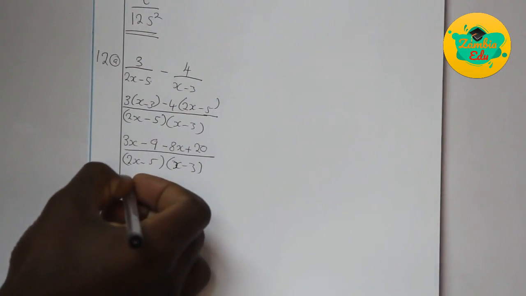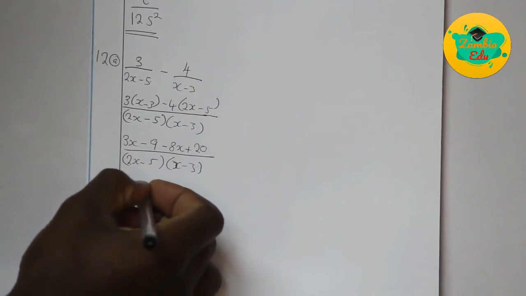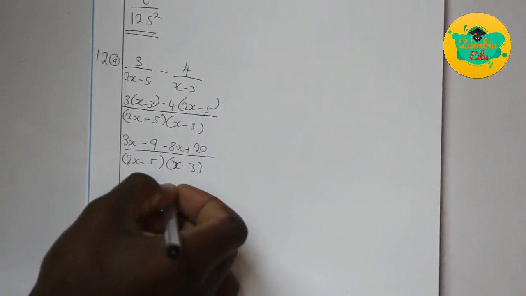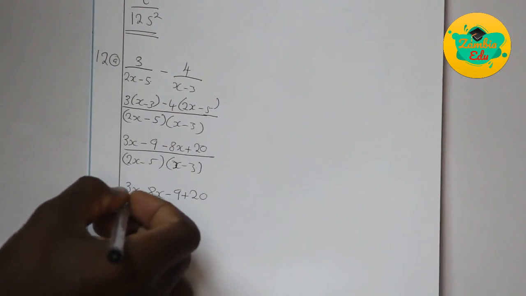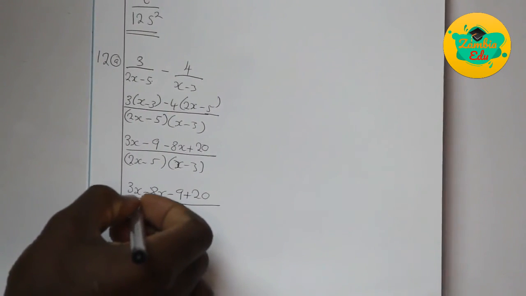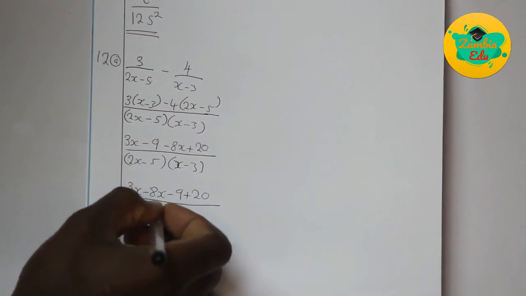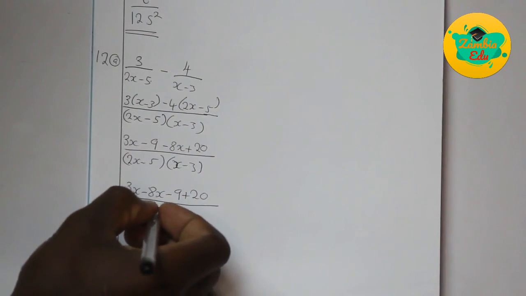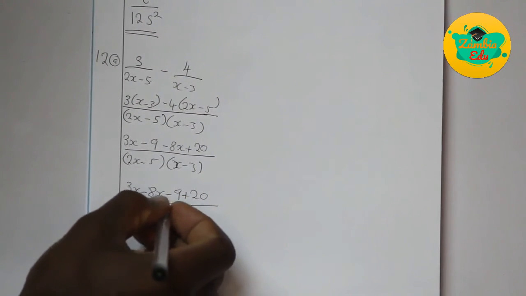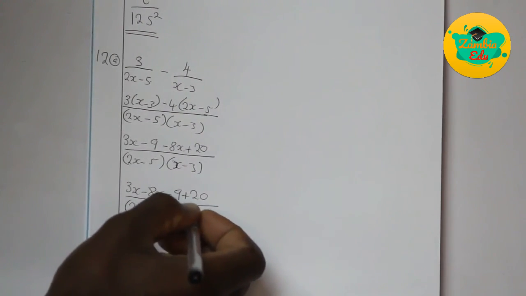Group the like terms, and you have 3x minus 8x minus 9 plus 20 over 2x minus 5, our common denominator there, x minus 3.